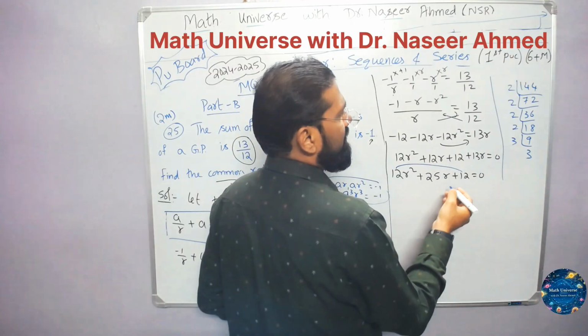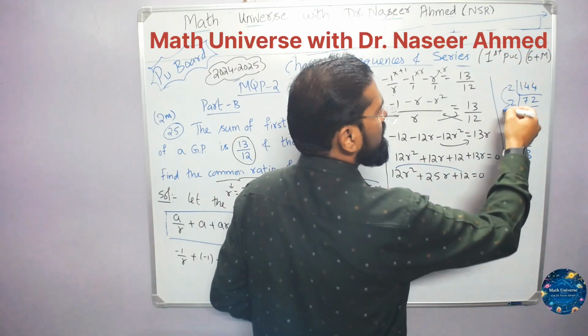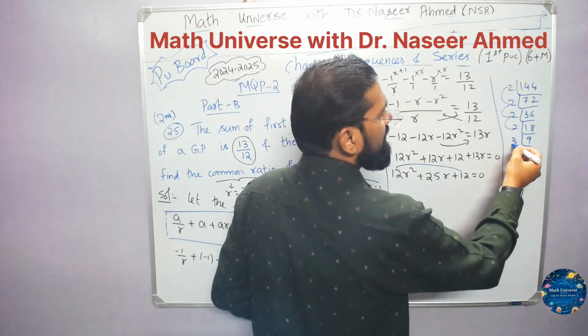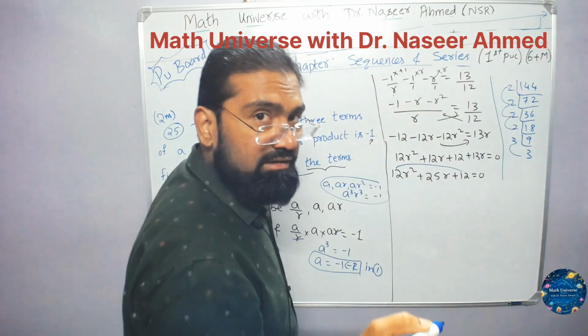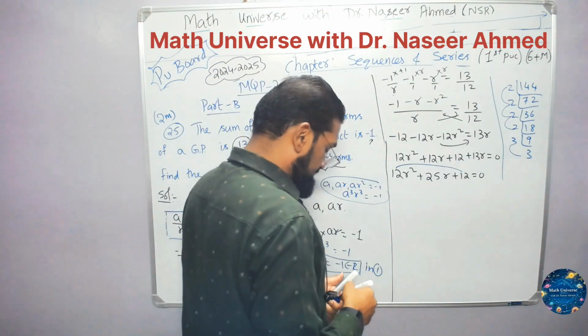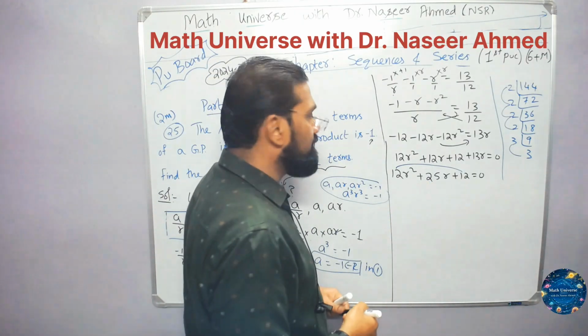So I have to find the factors. You can see here 2 2s are 4, 4 2s are 8, 8 2s are 16, 3 3s are 9. 16 and 9 together will be 25. Yes, we have got the factors. It is 16 and 9.